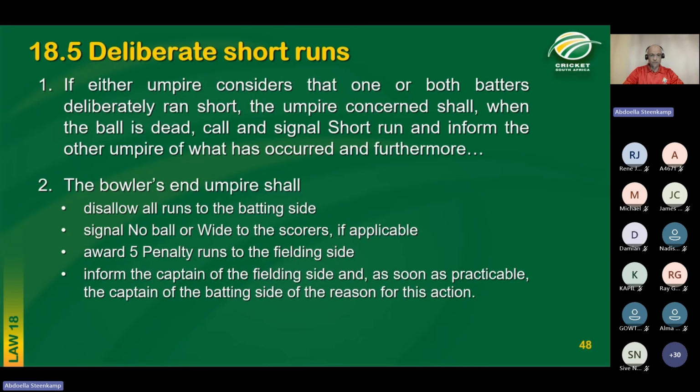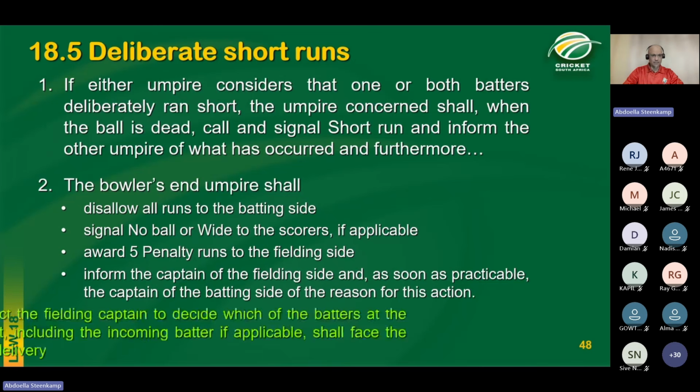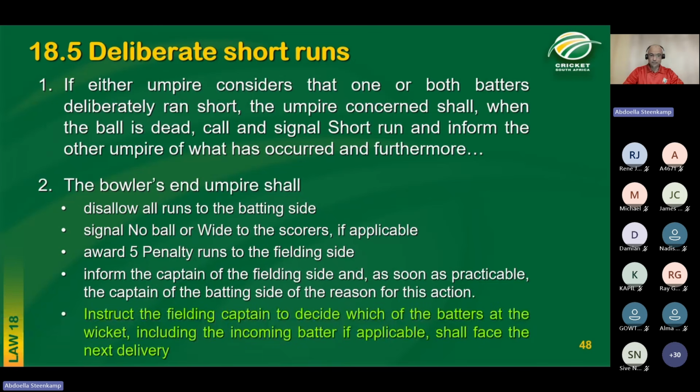We need to inform everyone, the captain of the fielding side as soon as possible, and the captain of the batting side. And then part of the punishment also is that the fielding captain will now decide which of the batters at the wicket will face the next delivery. This is new that the lawmakers added to the law.